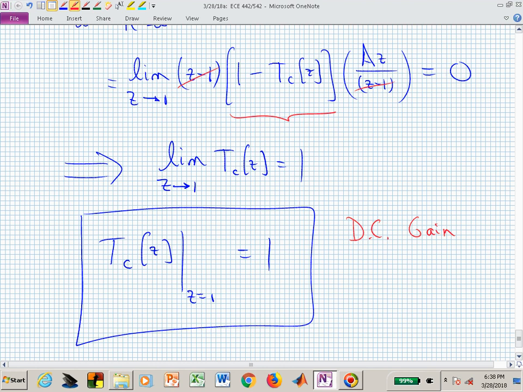We want the DC gain of the closed loop transfer function to be equal to 1. And then if we put in a 5, we get a 5 out, because T sub c in steady state is 1. So whatever we put in for r, Y is going to equal r, if we have this condition.